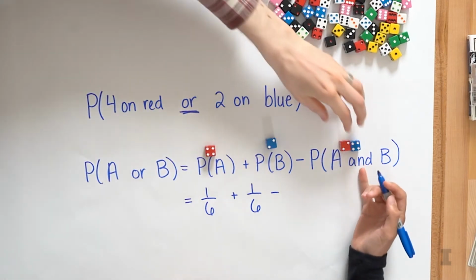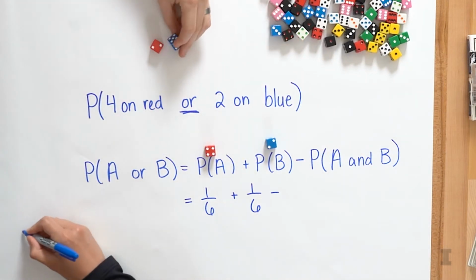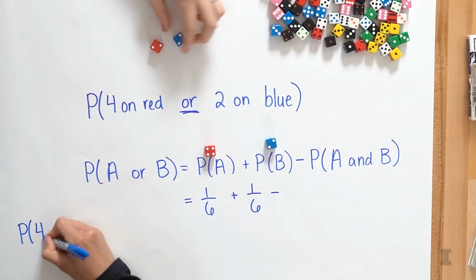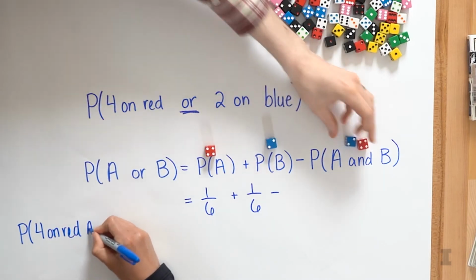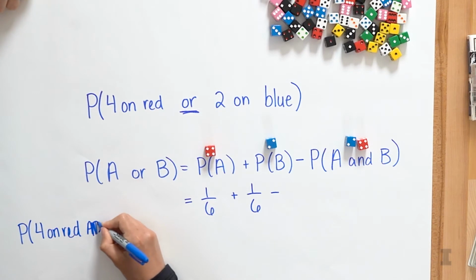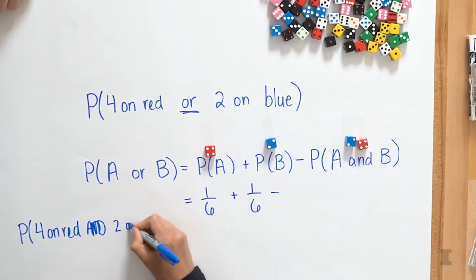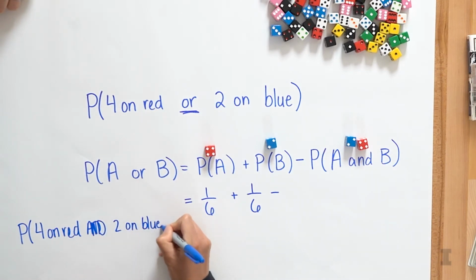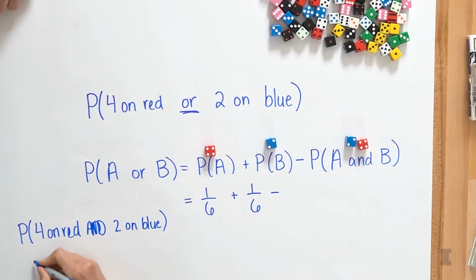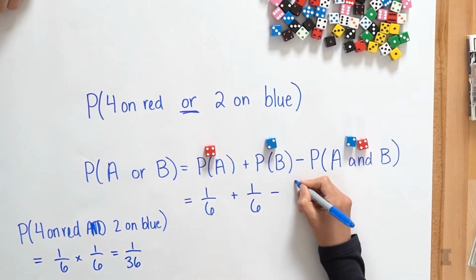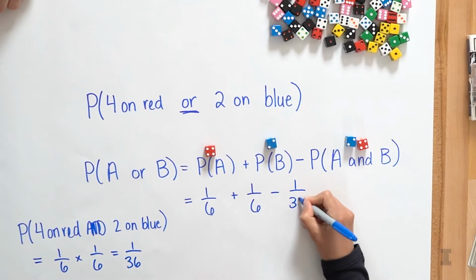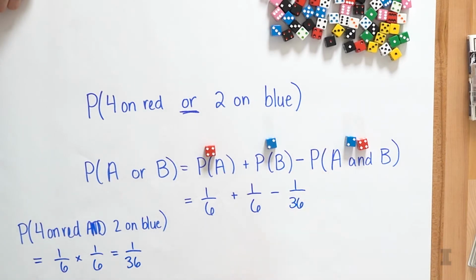We know from the multiplication rule that the probability of getting a 4 on the red and a 2 on the blue is just the two probabilities multiplied together, like we said. So this is 1/6 times 1/6, or 1 out of 36. So we want to make sure that in our answer, we don't forget to subtract this 1 out of 36.